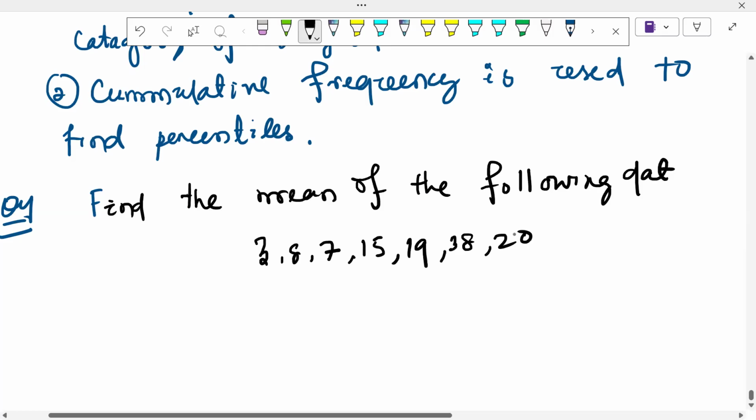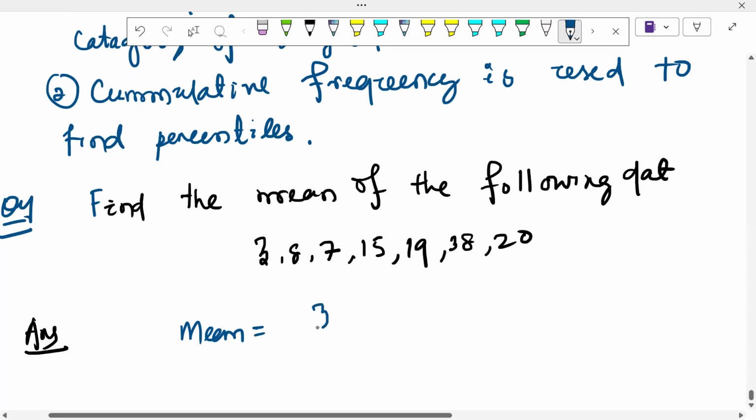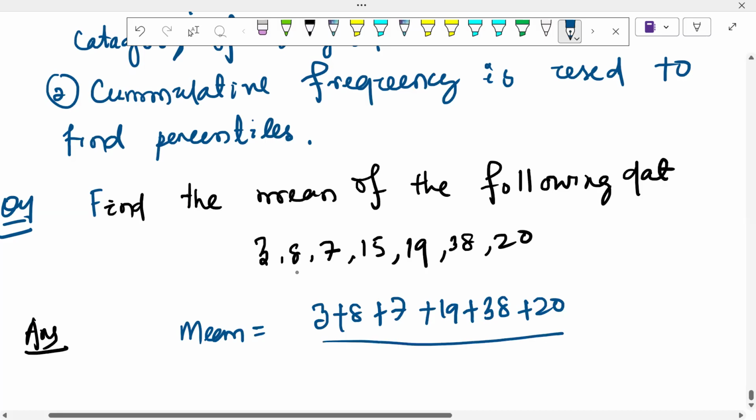So mean means the sum of all observations of the data divided by the number of observations: 3 plus 8 plus 7 plus 19 plus 38 plus 20, whole divided by 7.